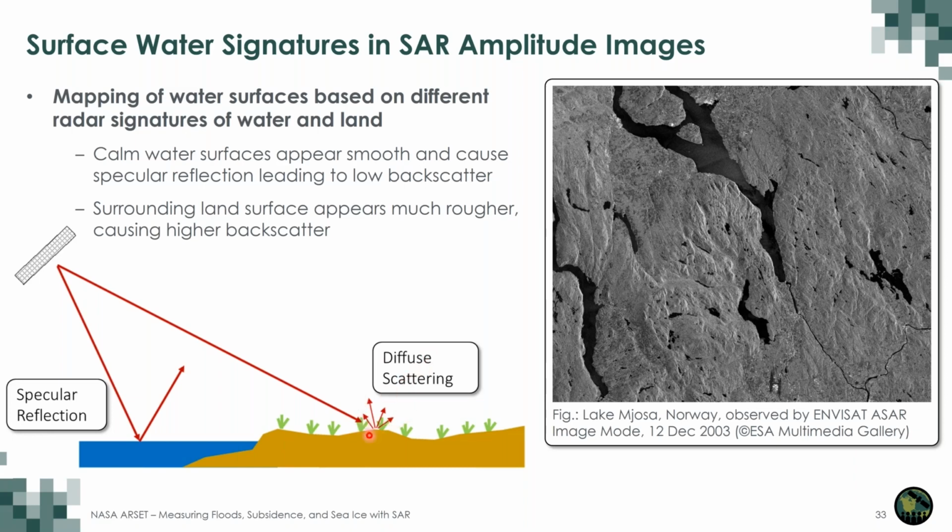Diffuse scattering means that the incoming energy is scattered into a variety of different directions, including the direction back to the radar. So regular land surfaces look significantly brighter than open water. And again, you can see that quite nicely here in this image on the right, where the water surfaces look distinctly darker than the regular land surface.